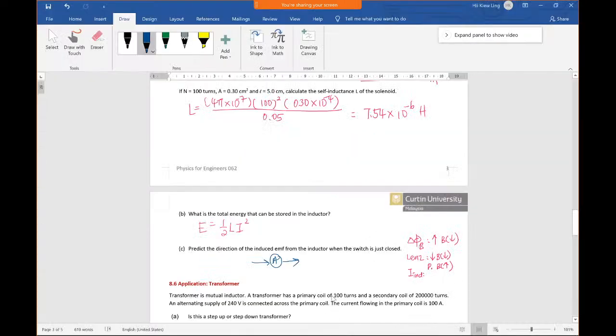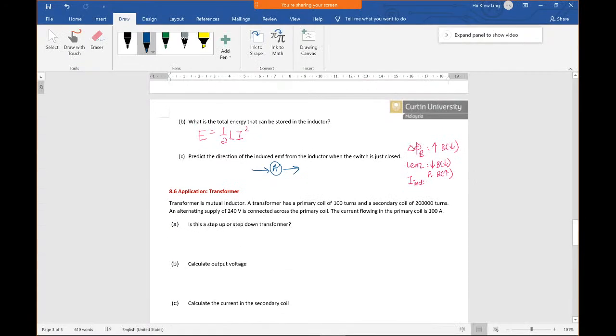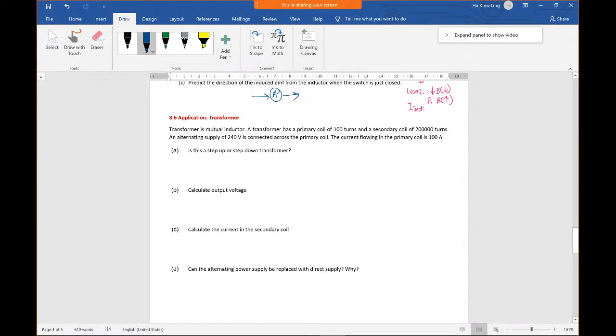So let's go back to our 8.6 and do our calculation. A transformer has a primary coil, this is your NP of 100 turns, secondary coil of 200,000 turns.